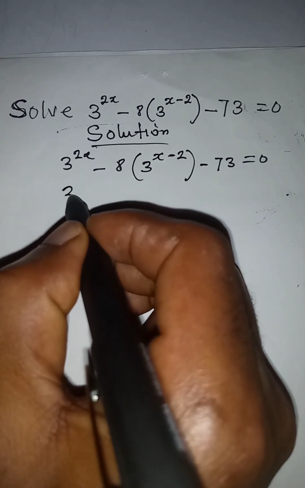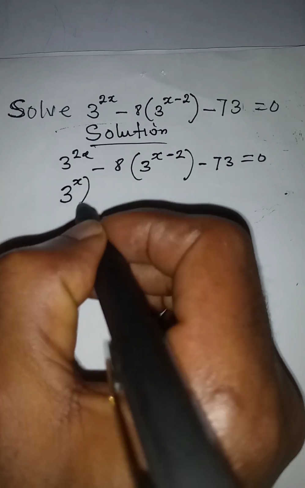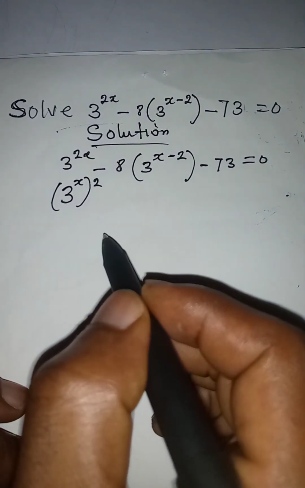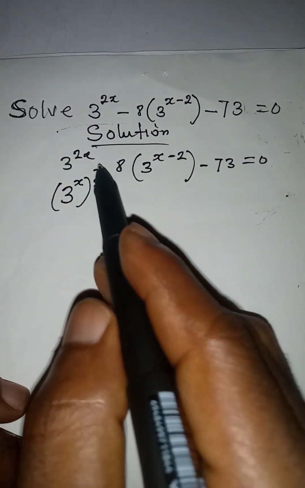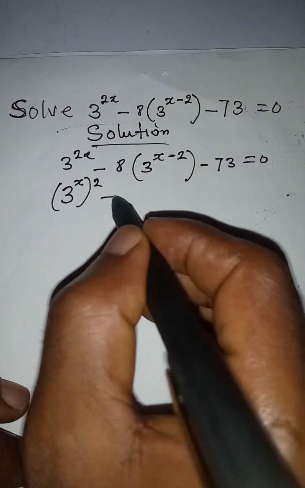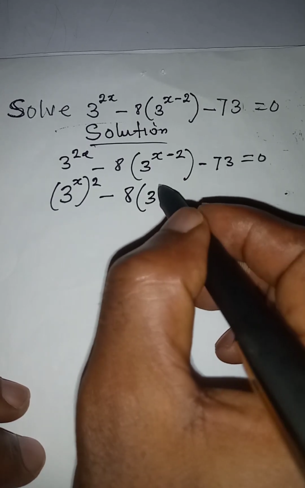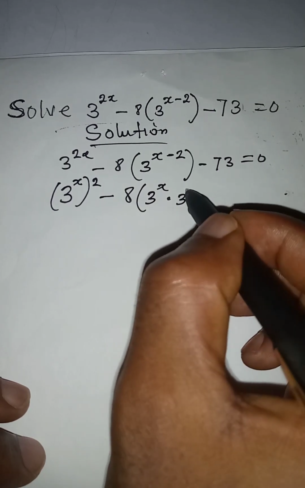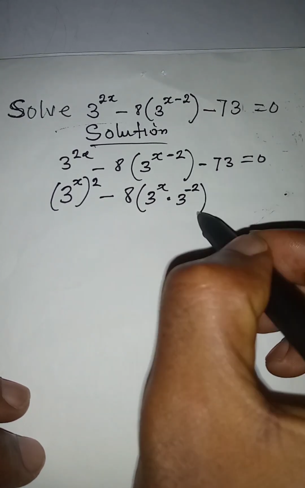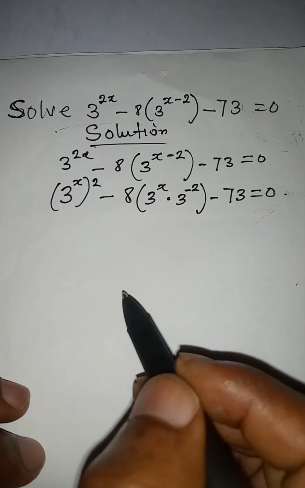3 to the power of 2x can be written as 3 to the power x all squared, because if you want to open this bracket, you will still multiply the powers to have 2x, then minus 8 into bracket 3 to the power x multiplied by 3 to the power of negative 2, then minus 73 equal to 0.